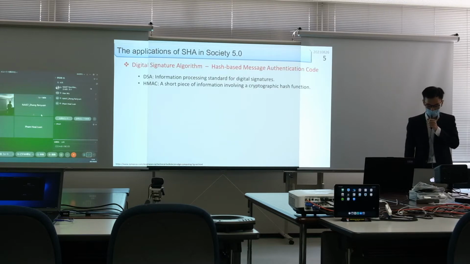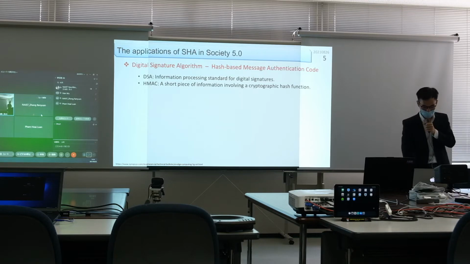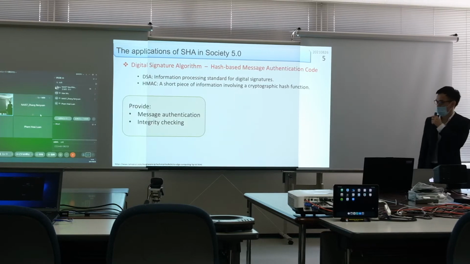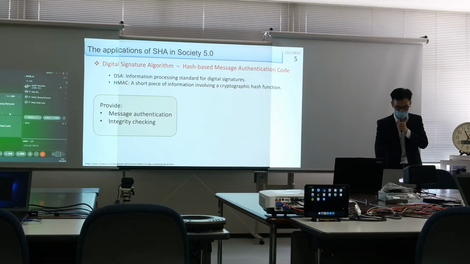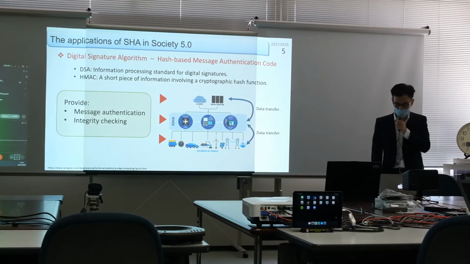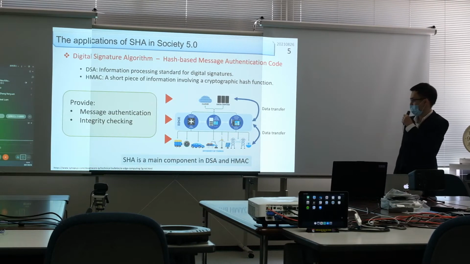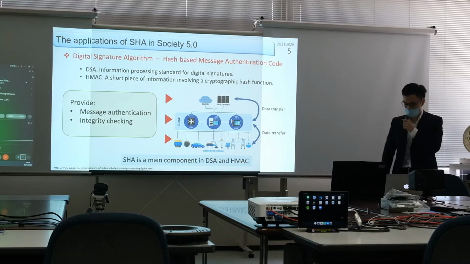I want to introduce the applications of SHA in Society 5.0. The first is the digital signature algorithm and the hash-based message authentication code. They provide message authentication and integrity checking for the data inside Society 5.0, and SHA is the main component in the DSA and the HMAC.